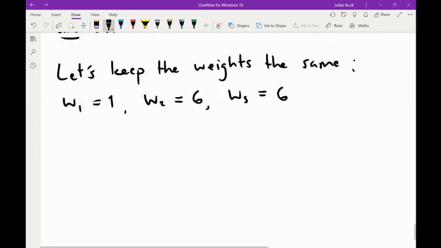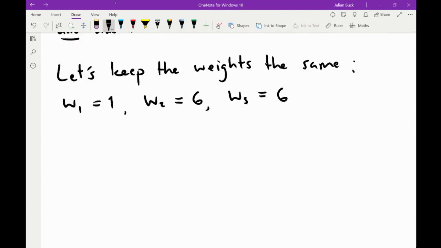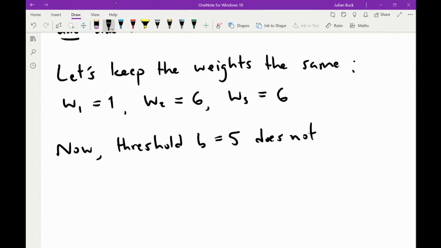Notice that now threshold B equals 5 does not work to implement this decision-making process.